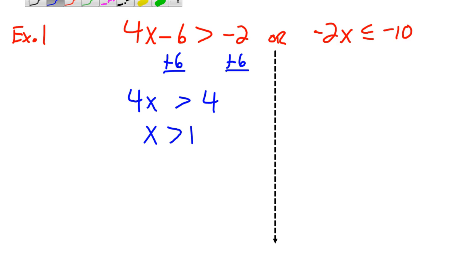On the right-hand side, only one thing to do. You've got to divide both sides by -2. Now, here's where we've got to add in one little thing. There's only one time you have to worry about changing your less than and greater than signs.